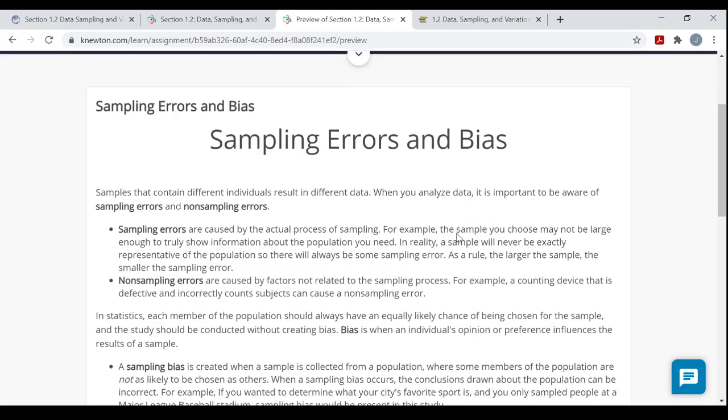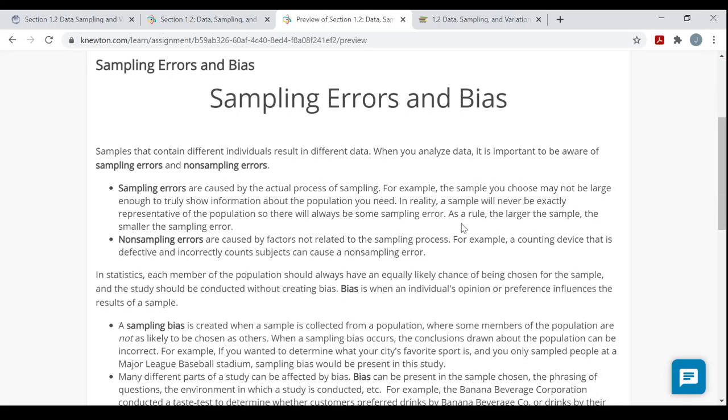So I'll actually read to you some of these and explain them if I can on a paper if I need to. So samples that contain different individuals result in different data. When you analyze data, it is important to be aware of sampling errors and non-sampling errors. Sampling errors are caused by the actual process of sampling, right, the way you actually collect the sample.